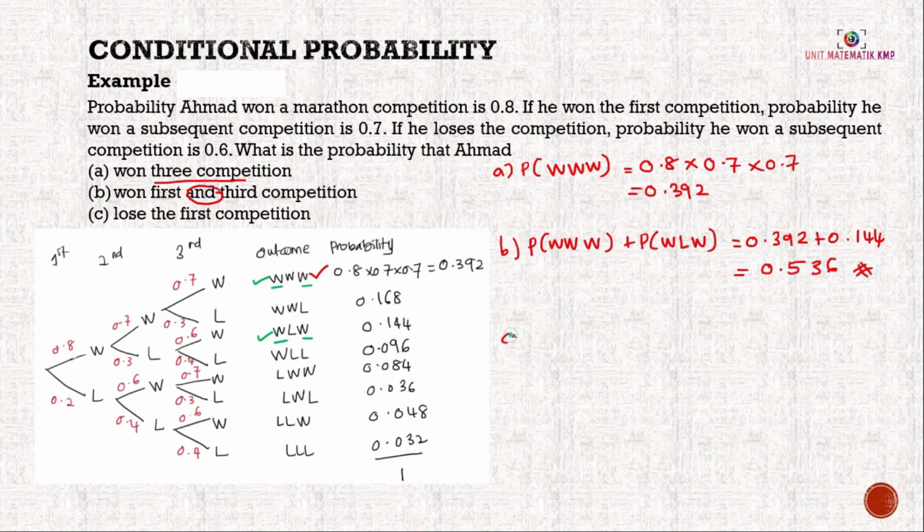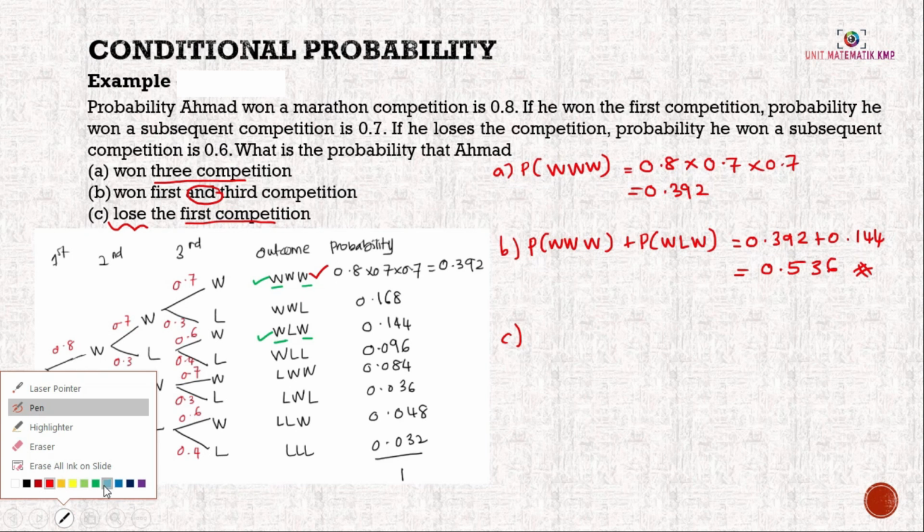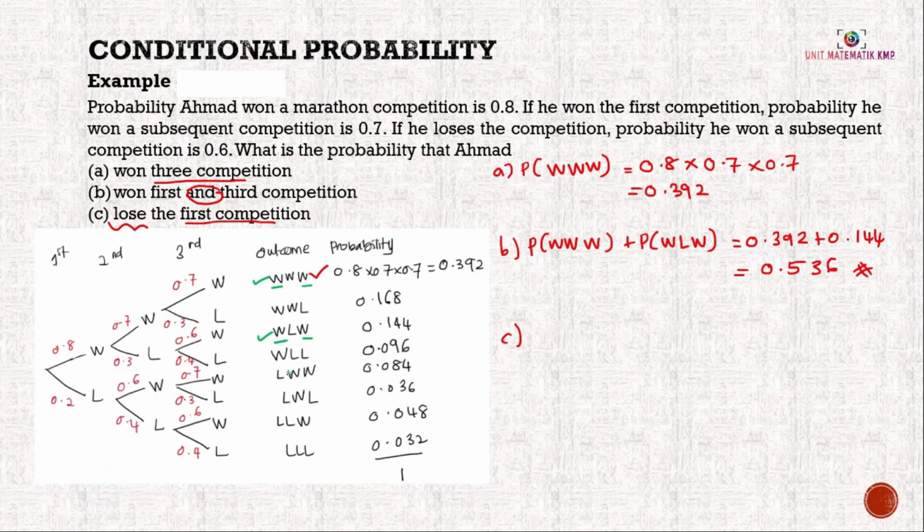Okay, so part C. What is the probability that Ahmad lose the first competition? So dia kata lose first saja. So kita tengok dekat bahagian yang awal-awal saja yang dia lose. Okay, the first one dia lose, lose, lose and lose. So dia ada 4 kat sini. Jadi kita akan tambah semua probability tu.